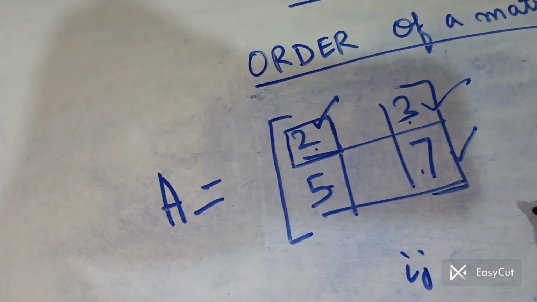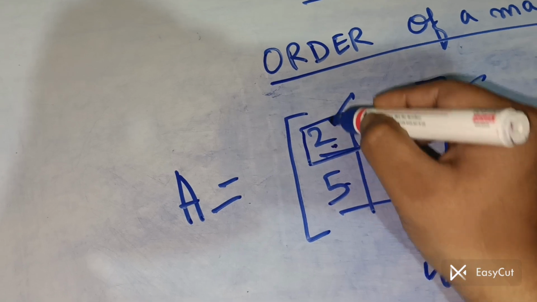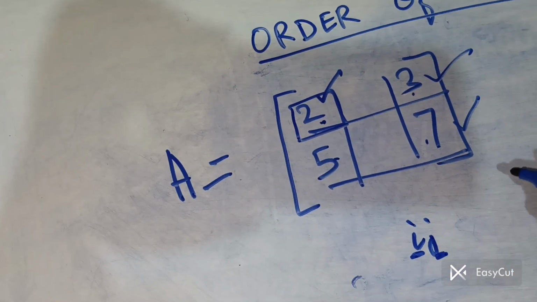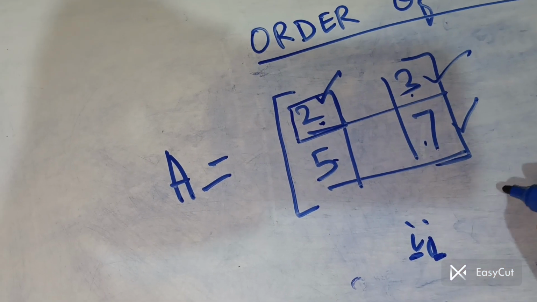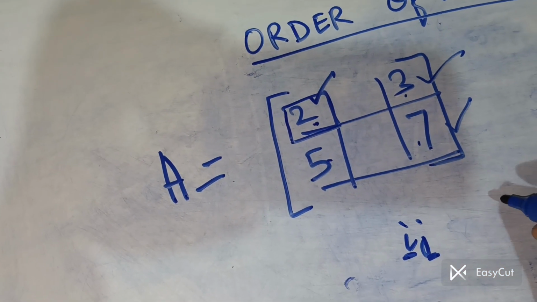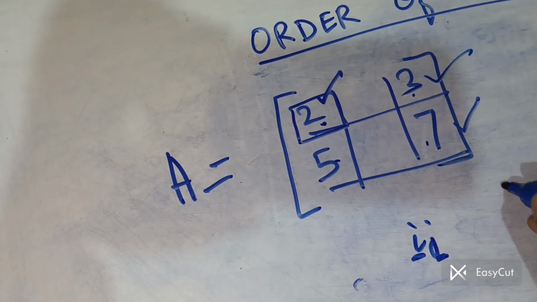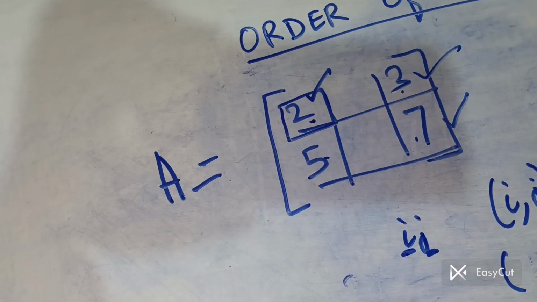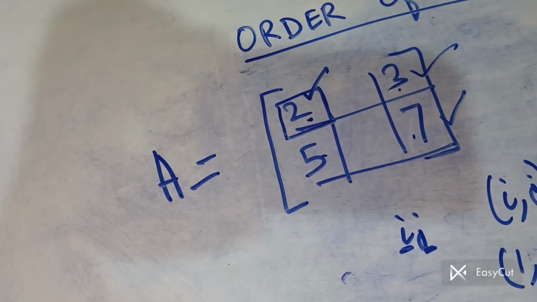This number 2 is written in the first row and also in the first column. So the position of 2 will be given by i, j, so it will be in the first row and also in the first column.